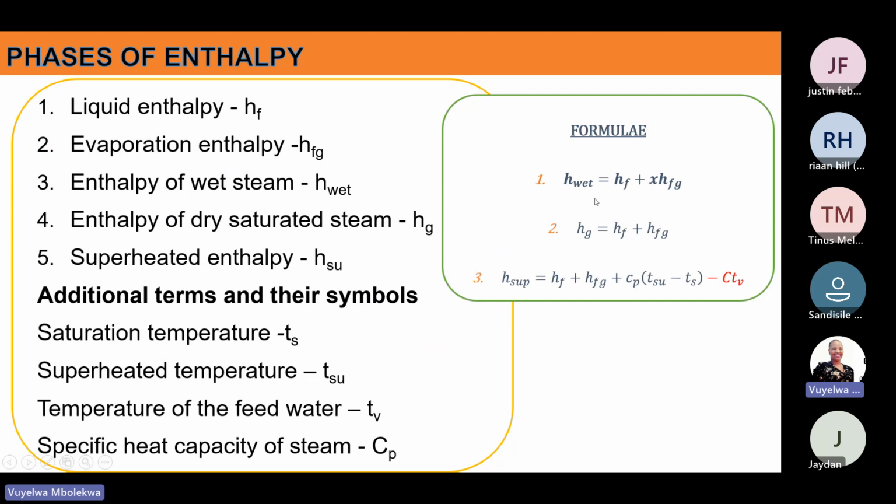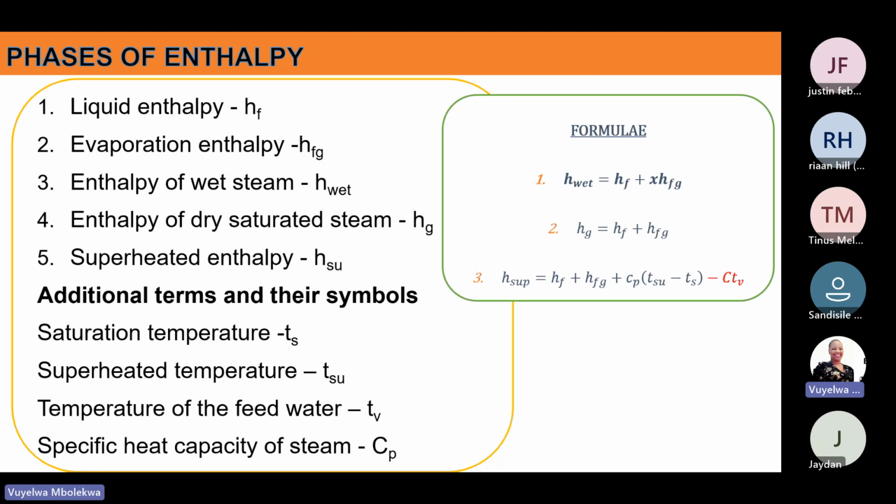Remember, I said the H wet is not on the steam tables. On the steam tables, you've got HF, you've got HFG. So X is the dryness fraction. Normally, they will give you the dryness fractions, 0.96, 0.98, whatever it is. The dryness fraction tells you how much water is still contained in the wet steam, because wet steam is steam that still contains some water droplets in suspension.